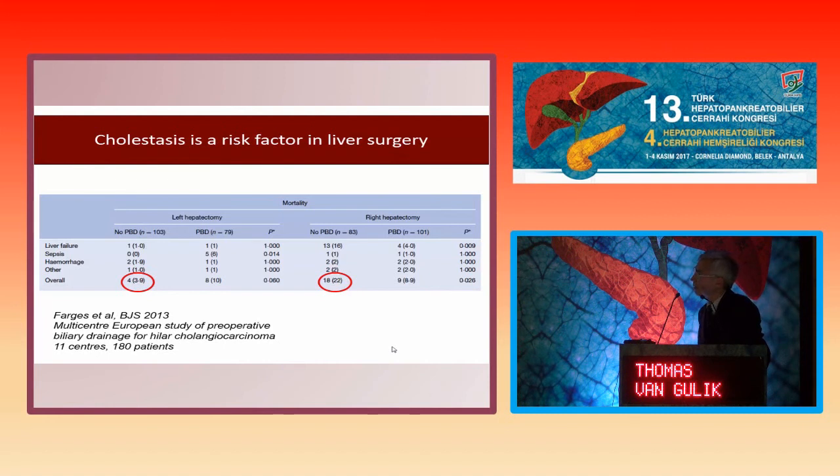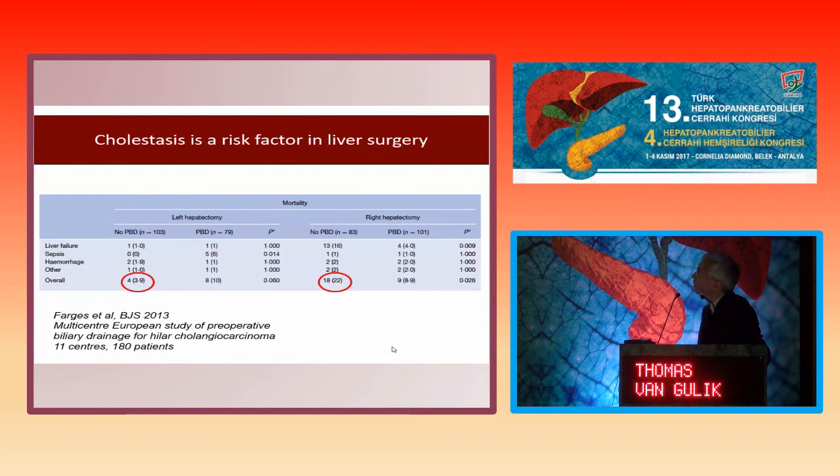Now, just to show you how important the volume of the liver is, this is a study from the French group by Olivier Farge, in which they pooled the data of 11 centers amounting to 180 patients, and those 11 centers were all specialized in the treatment of bile duct carcinoma. When you look at those patients who needed a right hepatectomy or a left hepatectomy, obviously the right hepatectomy had the smallest livers.